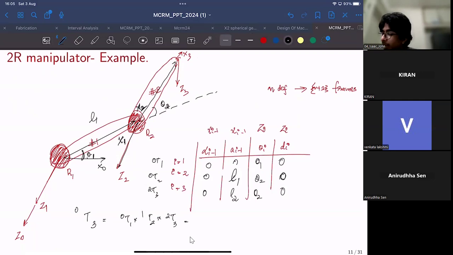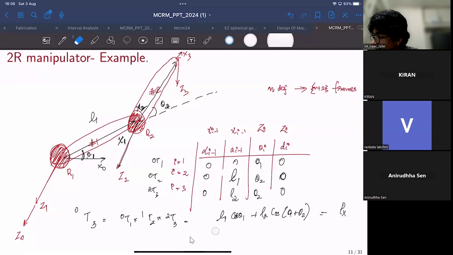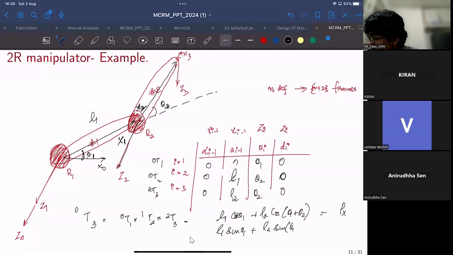And once you do that, you will get the position coordinates as L1 cos theta 1 plus L2 cos(theta 1 plus theta 2). This will be Px, and Py would be L1 sine theta 1 plus L2 sine(theta 1 plus theta 2). This would be Py, and Pz would be 0 because this manipulator is actually a planar manipulator. It cannot come out of plane.